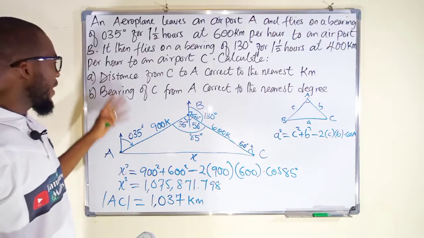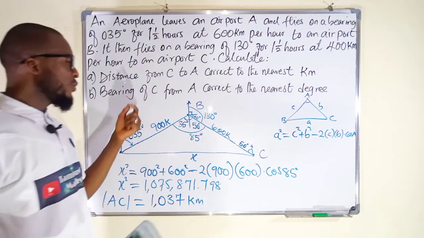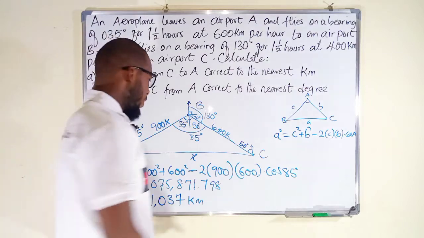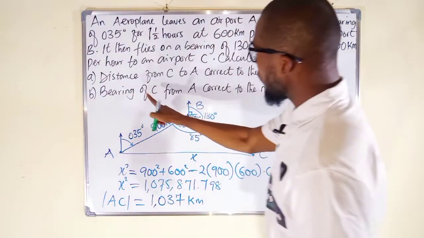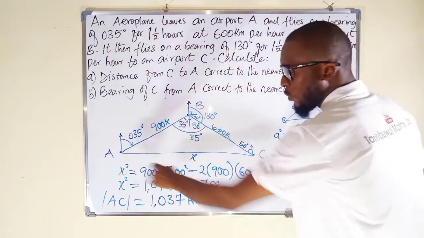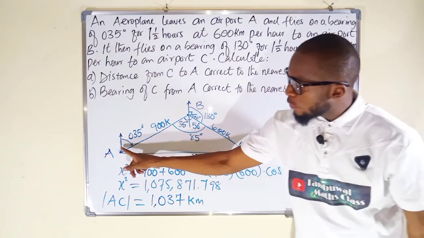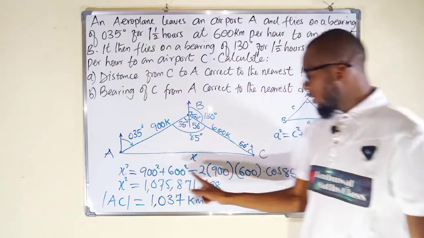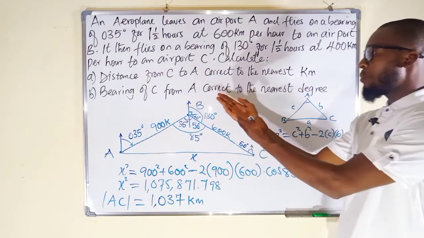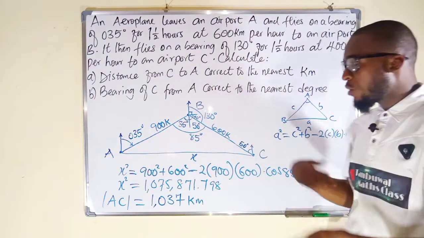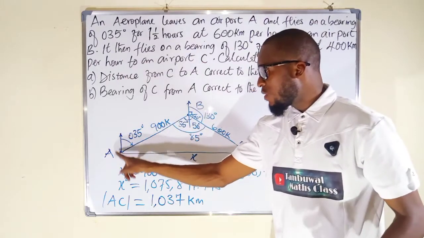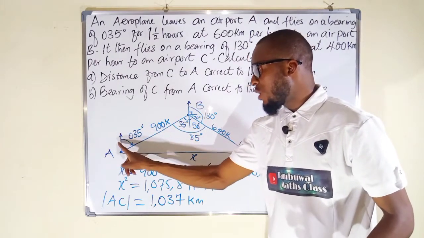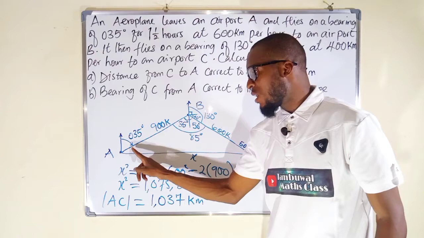Now let us go ahead and find the solution to the second problem. The bearing of C from A is going to be that angle subtended from the north of A down to the line leading to C, because it says from A. So the angle is going to be constructed from A. So this is A and this is north of A. Already we have 35 degrees here.